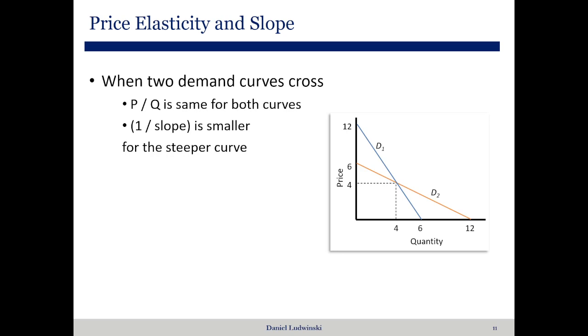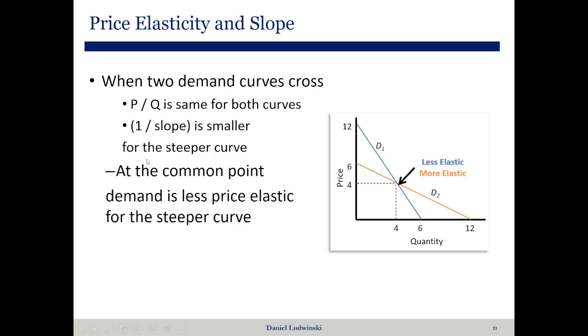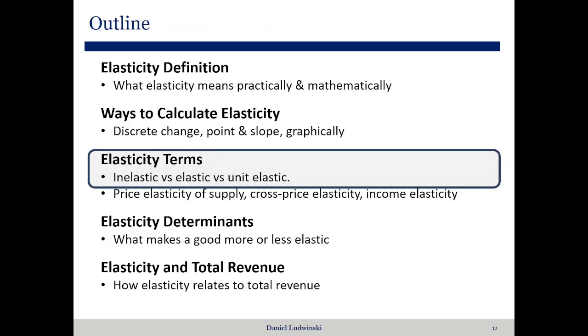So our steeper curve here, the one over the graph slope, is going to be steeper. So at this common point, the blue curve is going to be less elastic and less responsive to price changes, and the orange curve is going to be more elastic.